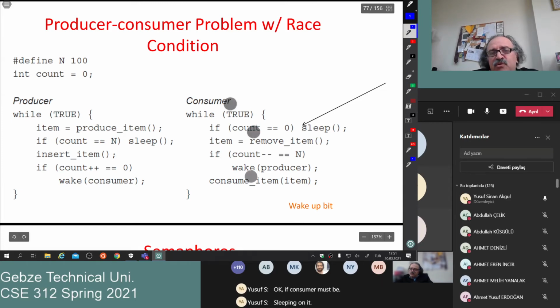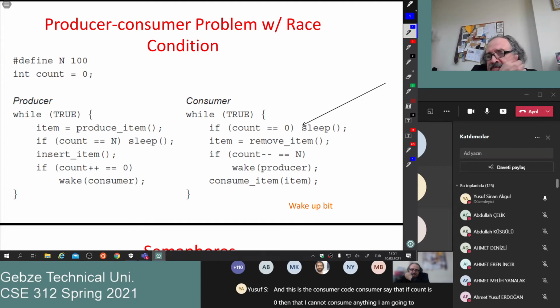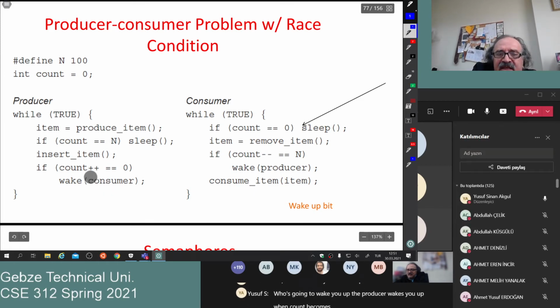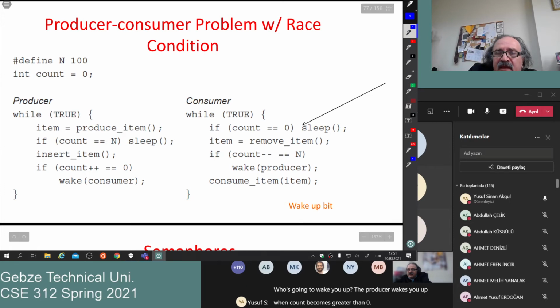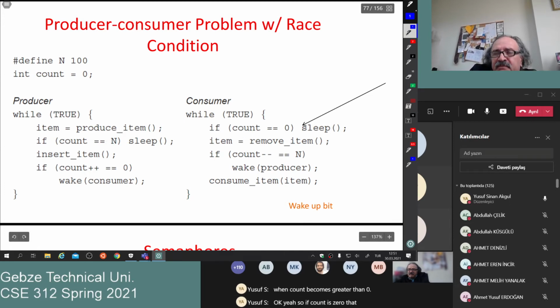And this is the consumer code. The consumer says that if count is 0, then I cannot consume anything. I am going to sleep until somebody wakes me up. Who is going to wake you up? The producer wakes you up when count becomes greater than 0. If count is not 0, then I can remove one item from that buffer, and I decrement the count by 1.